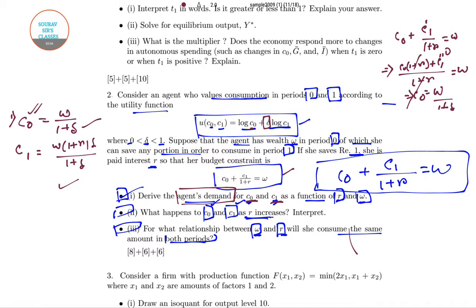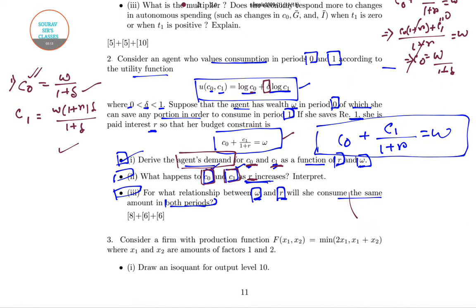Now here we can also find what happens to C0 and C1 as r increases. We have to interpret: as you can see, when r increases, C0 has no factor of r, so C0 remains constant.